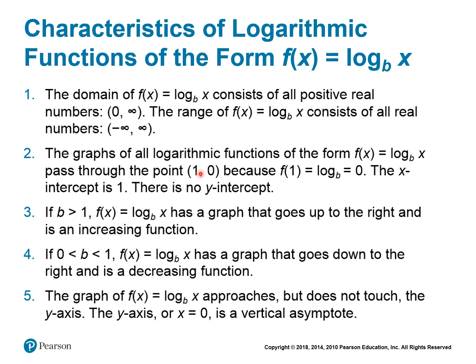That means the graph has an x-intercept at x equals 1, but there is no y-intercept. If you remember, the graph was dropping all the way to infinity at x equal to 0, but it was not touching the y-axis.